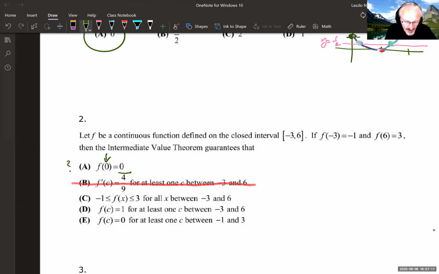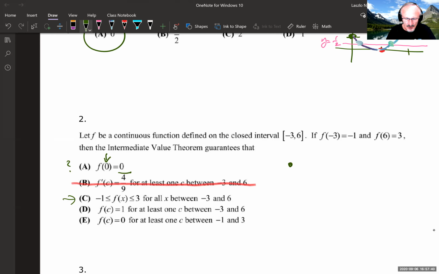Then moving on to C, that between x equals -1 and 3, okay, no, no, it's not x. This part C right here, I'm seeing that the y coordinate is between -1 and 3 for all x between -3 and 6. Again, I find that these problems are so challenging for me.